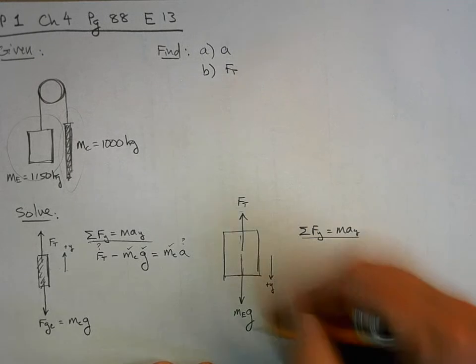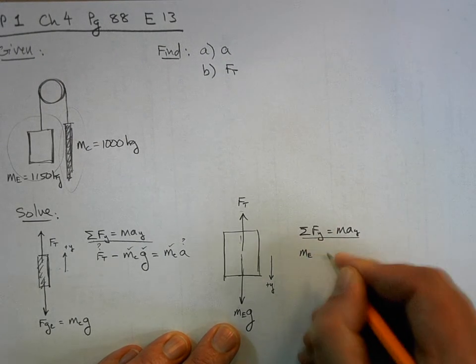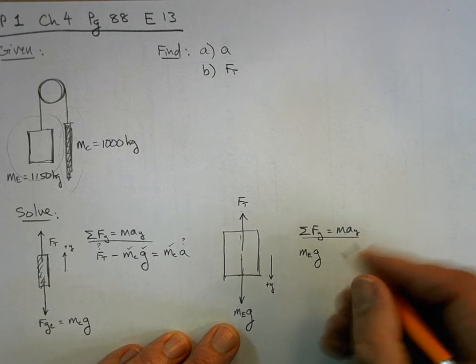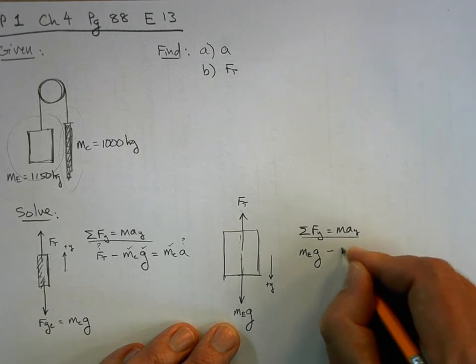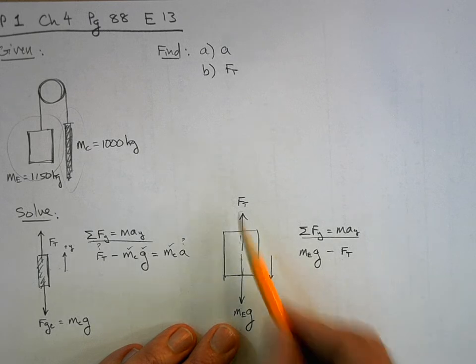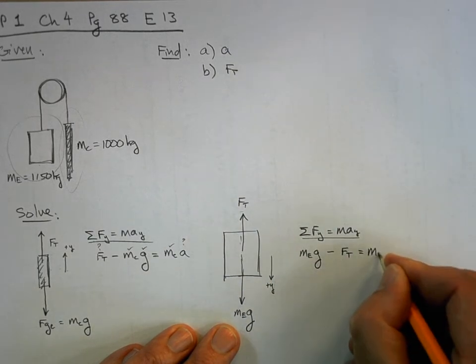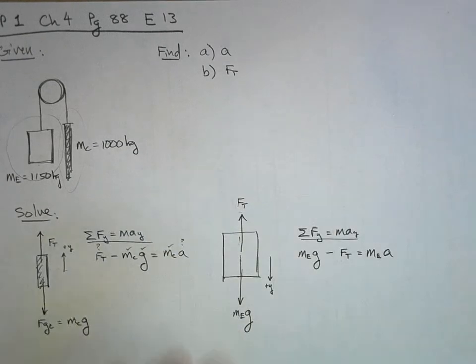I look at my free body diagram. It's the mass of the elevator times g minus, do you see why it's minus the tension force? Because it's in the negative y direction. Equals the mass of the elevator times the acceleration. Well, look, this is good.